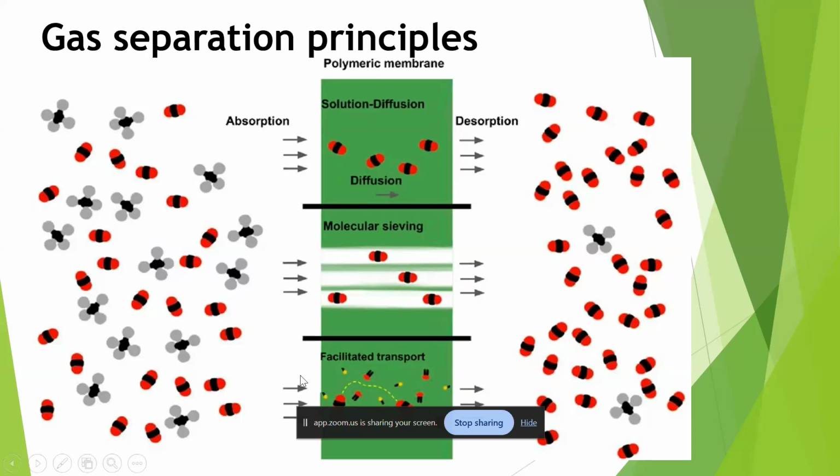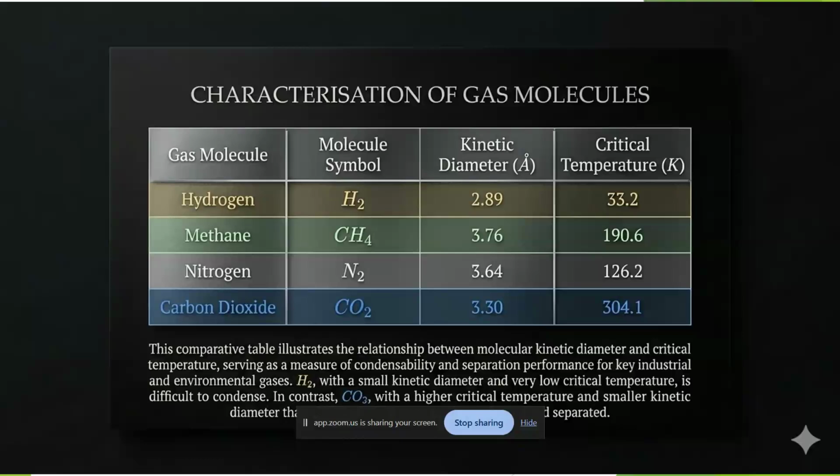CO2 reacts with water to form carbonic acid. So with the presence of moisture and with the presence of other CO2 affinity material, the CO2 can be quickly absorbed and passed through, which the transport of CO2 is facilitated making use of the water molecules as well as the different CO2 affinity molecules or the materials that we are using.